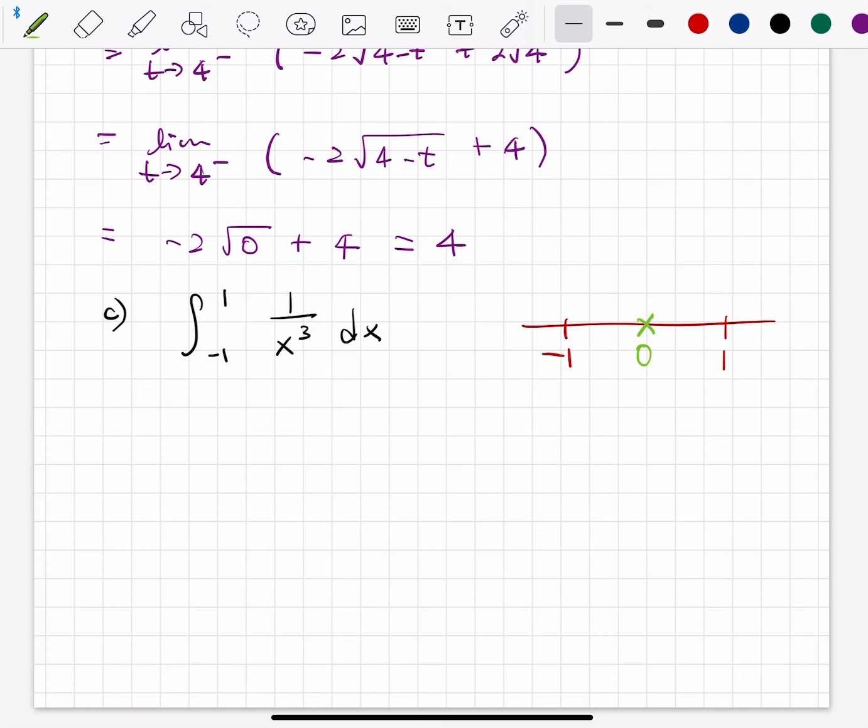So for this problem, we have to break it into the integral from negative 1 to 0 of 1 over x cubed, plus from 0 to 1 of 1 over x cubed dx, because of the 0, which is the discontinuity in the middle. And we're going to calculate this as an improper integral in 2 parts.